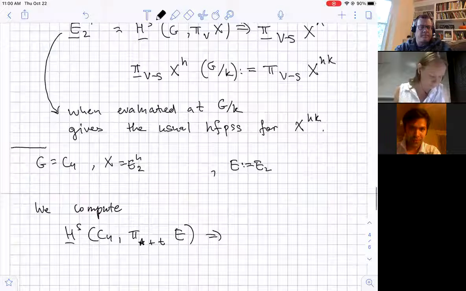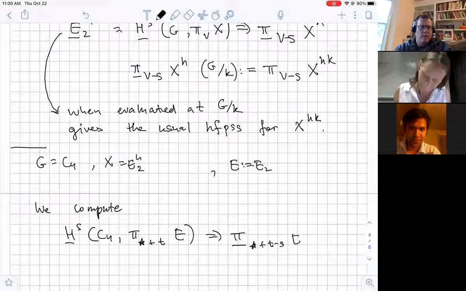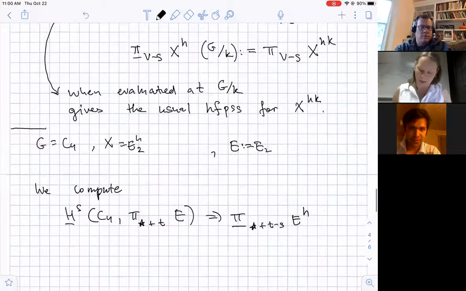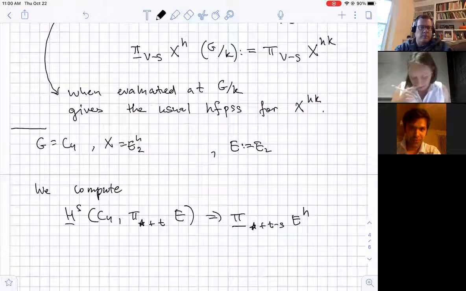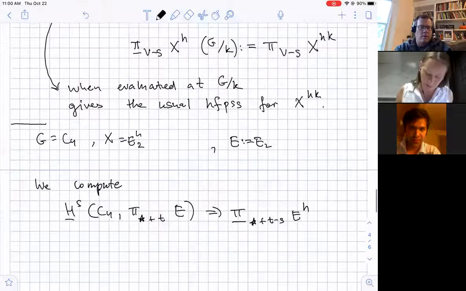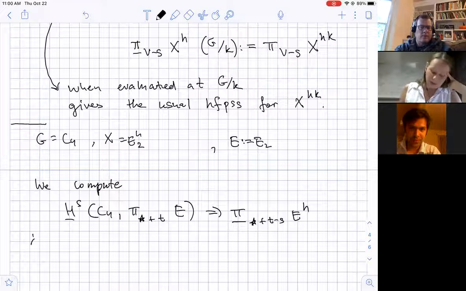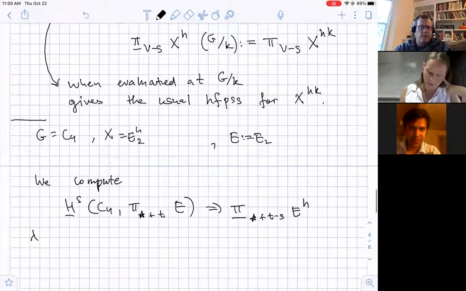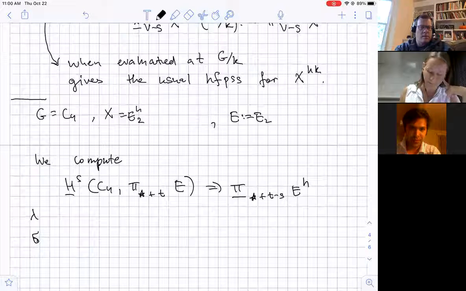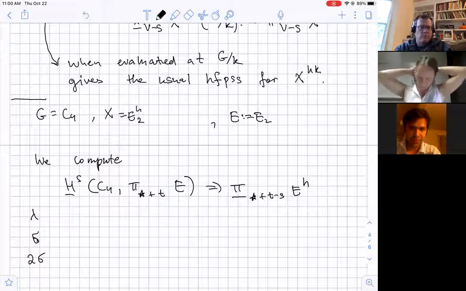So which representations are relevant? I'm talking about the group C4. There is the representation which is rotation by 90 degrees, called lambda, a two-dimensional representation. There is the sign representation, and there is the two sign representation.